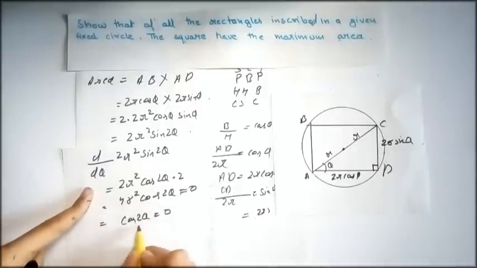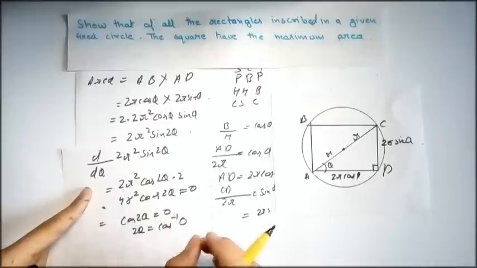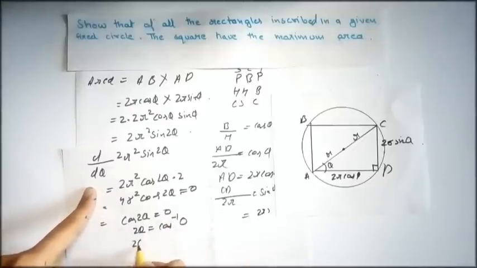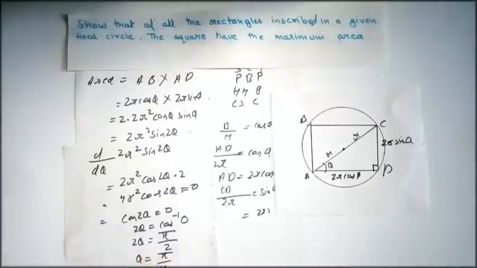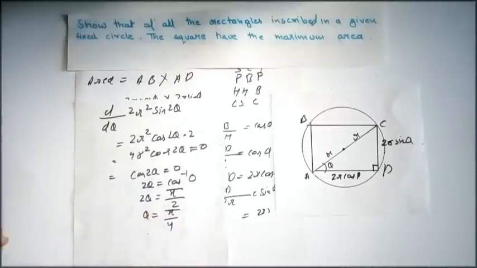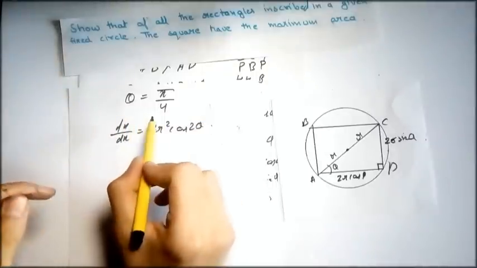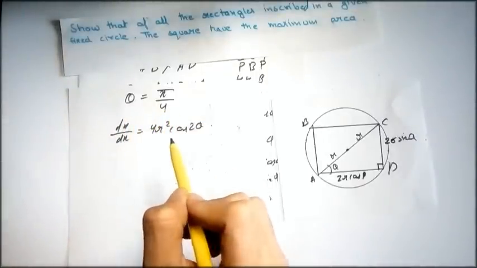Now 2 theta is equal to cos inverse 0. Cos inverse 0, the value is pi by 2, and so theta is equal to pi by 4. Now we have to know whether this is maxima or minima. We will differentiate this again. Now we got theta, that is pi by 4, and the derivative was 4r square cos 2 theta.